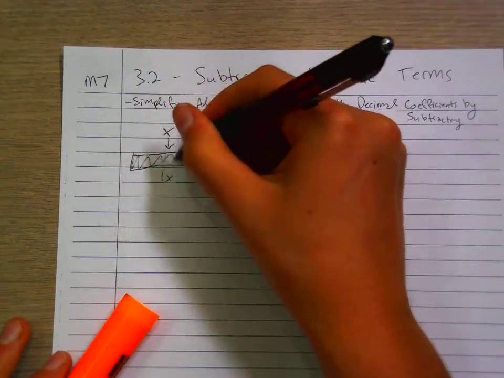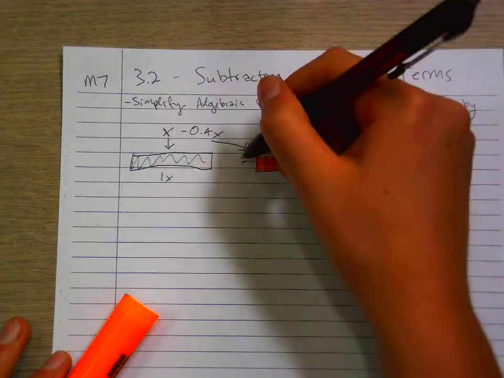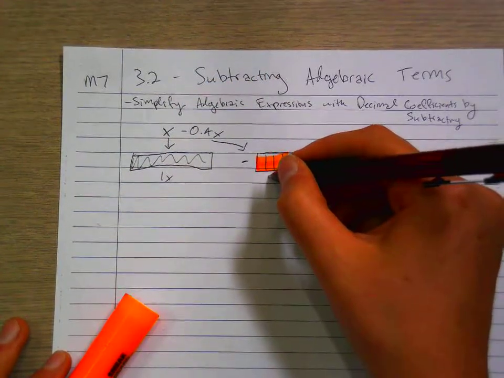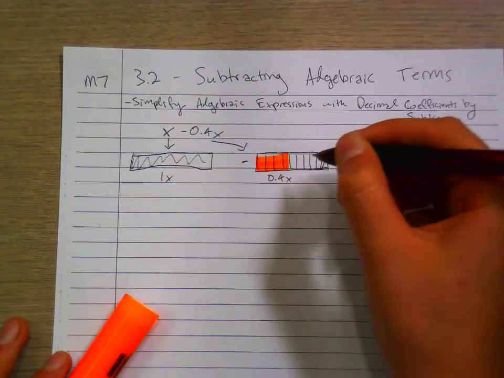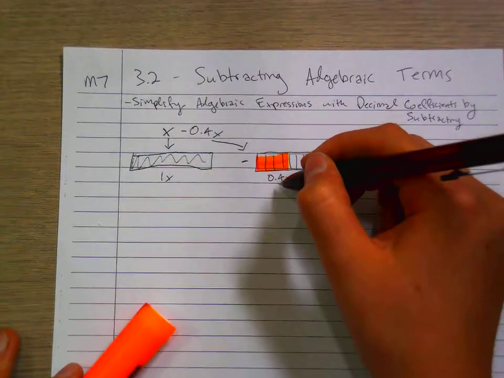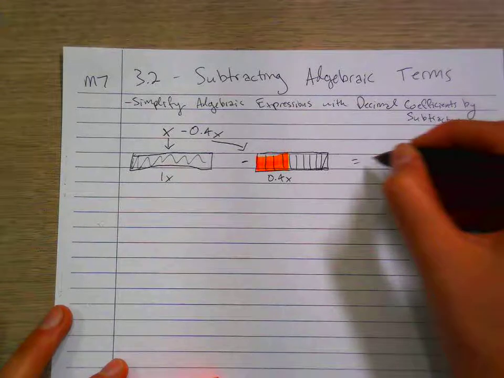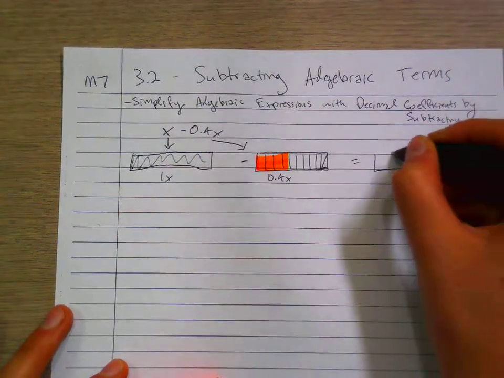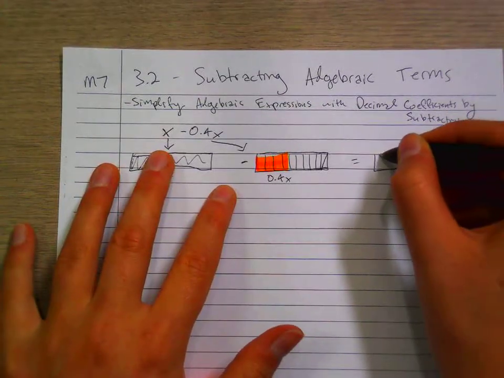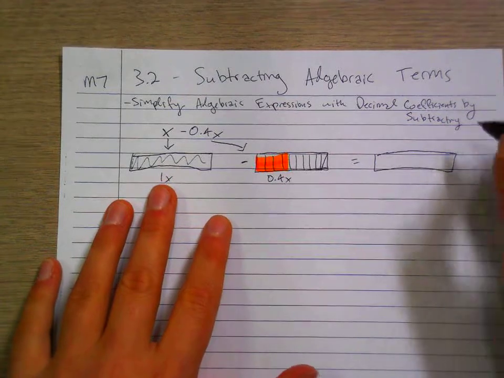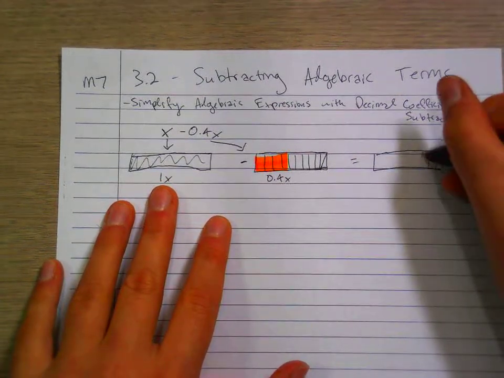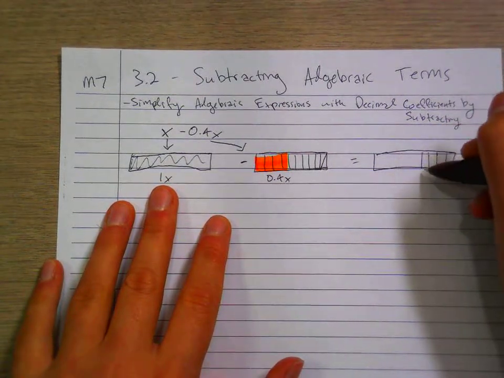So if we have this positive, and we take away this section, which is 0.4x, 1x minus 0.4x equals this whole bar we have, but we've taken away 1, 2, 3, 4 of them. Those are basically taken out.